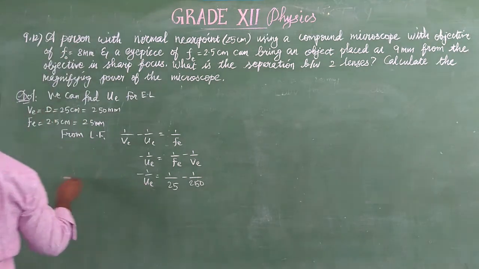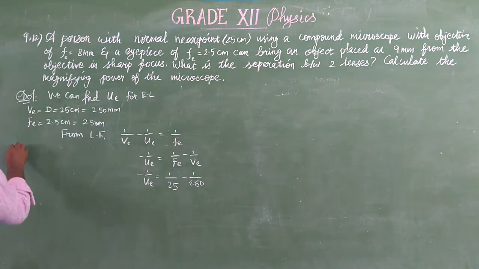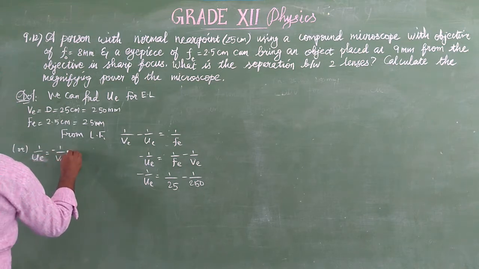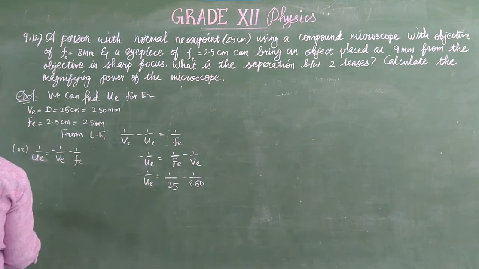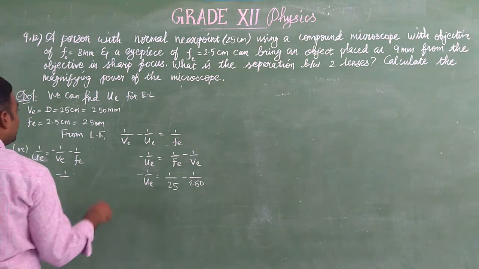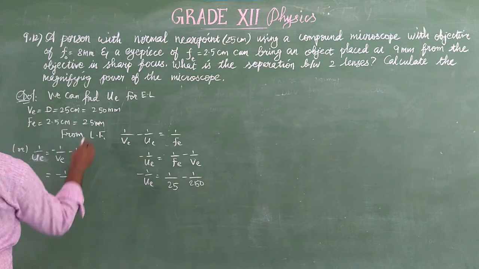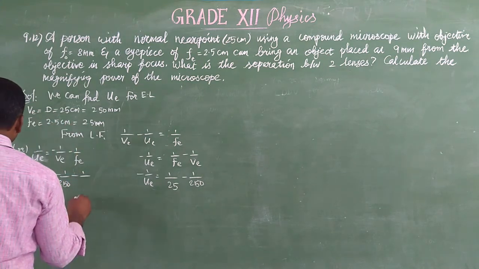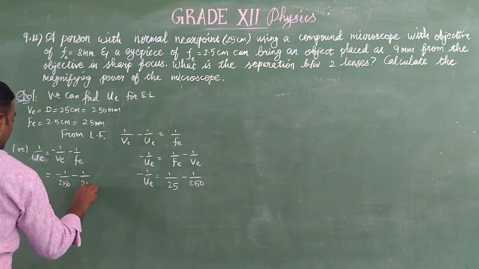So the alternative form of this, in other words, we can say 1 by UE is equal to minus 1 by VE minus 1 by FE. So now we can substitute the value. Minus 1 by VE. What is VE? The image distance is 250 millimeter, minus 1 by FE, that is 25.